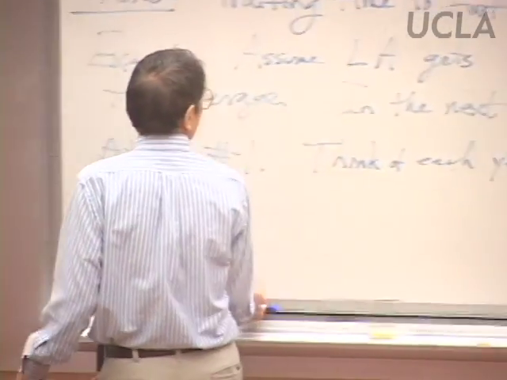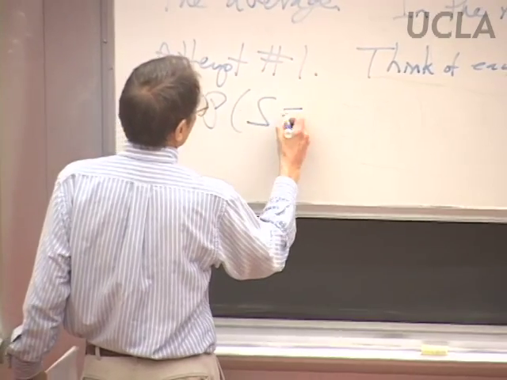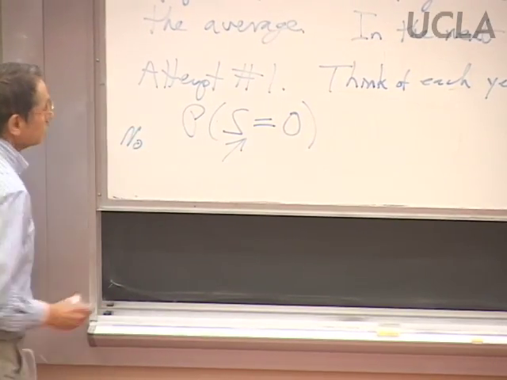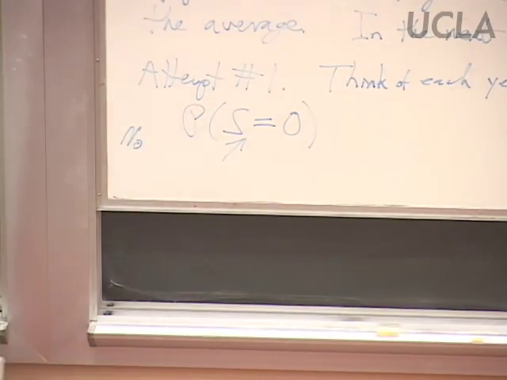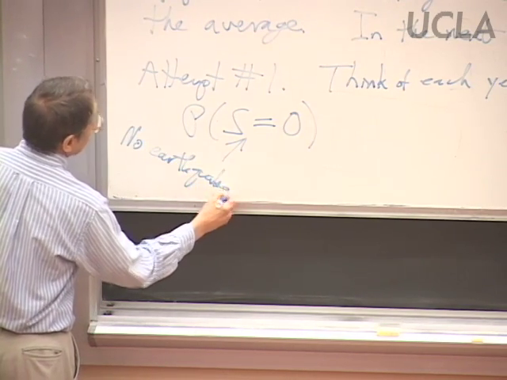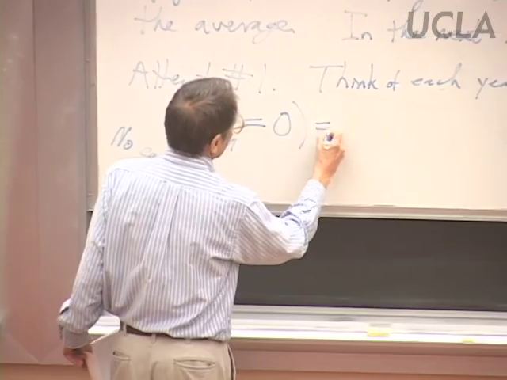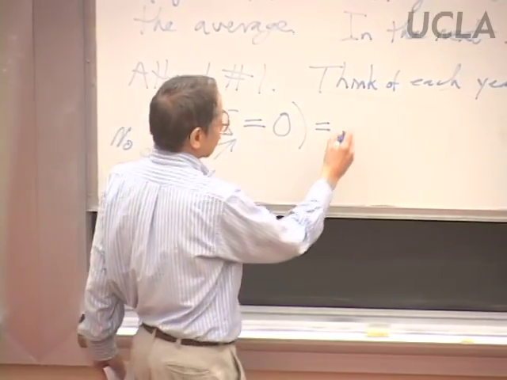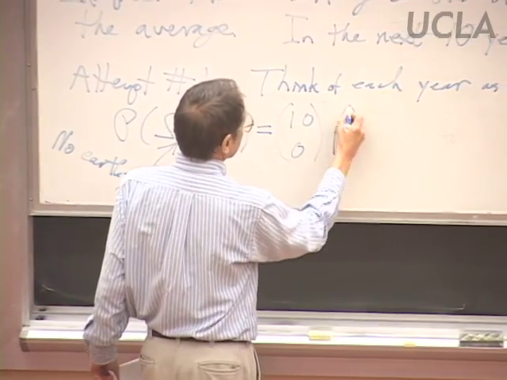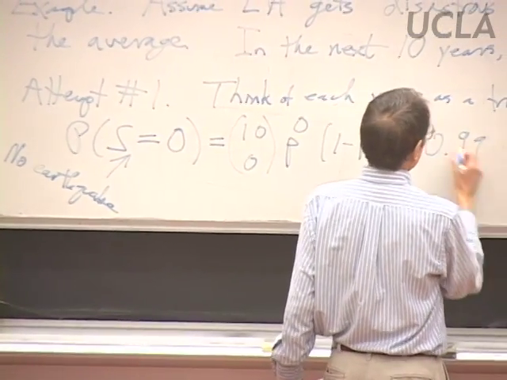The probability of no earthquake: if we define success as having a disastrous earthquake, the probability that that doesn't happen, 0 successes, is 10 choose 0, p to the 0, 1 minus p to the 10th, or in other words, 0.99 to the 10th.